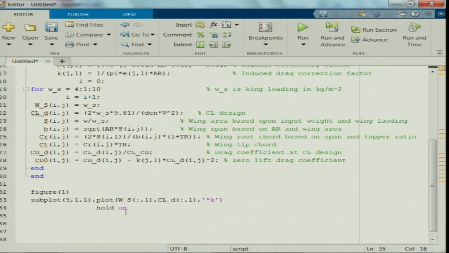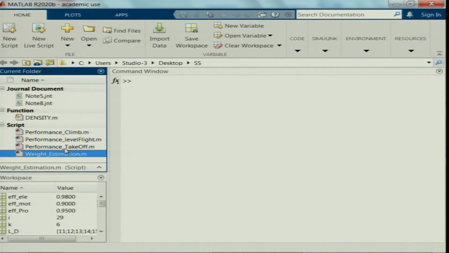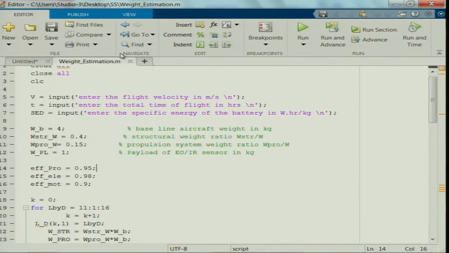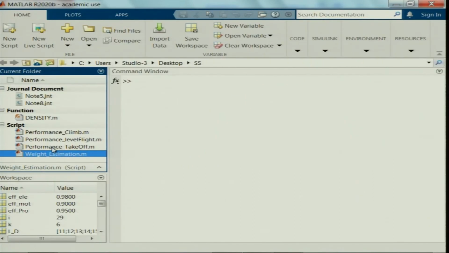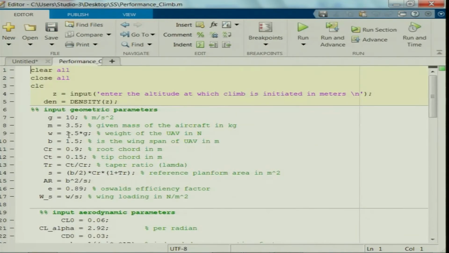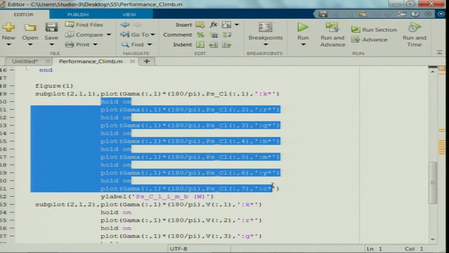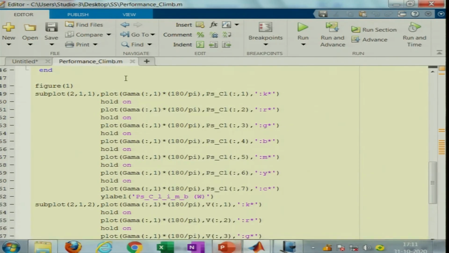I will just open our previous program. So, the weight estimation program where we have a similar figure that we have plotted, not in this, what was that? It was in climb performance, I guess. We have used hold on, right, for different plots. I do not think even this is going to help us.